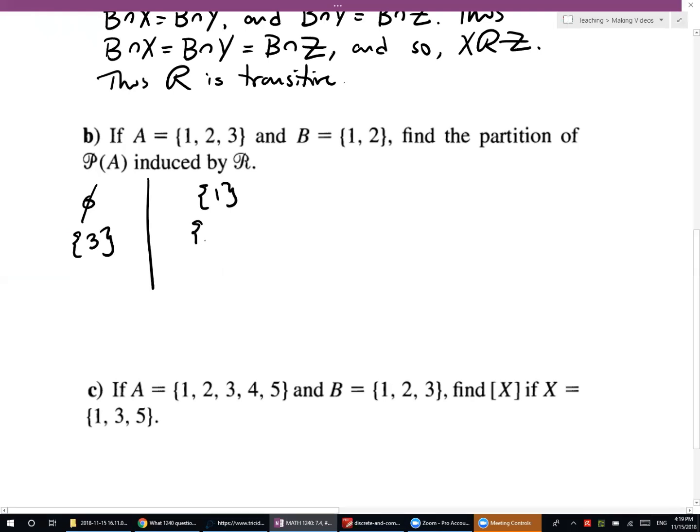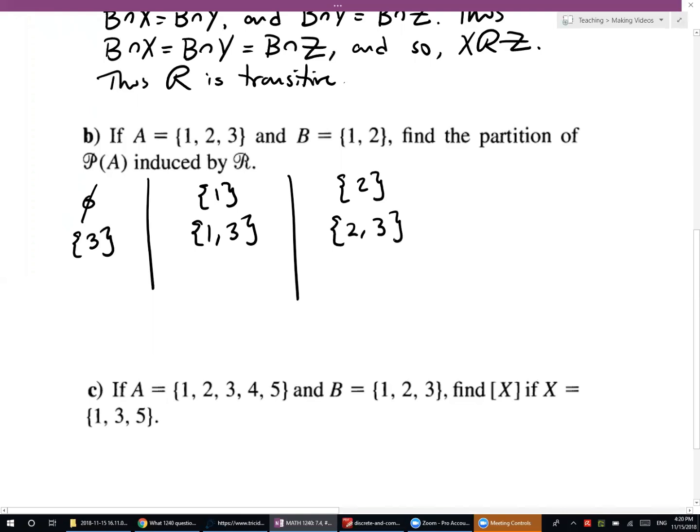Sure it can. {1, 3} intersected with {1, 2} gives me the set {1}. So that is the same intersection. And now we're starting to see the pattern. I can take any set to start with, {2}, the intersection will be {2}, and the set that goes with it will be {2, 3}.